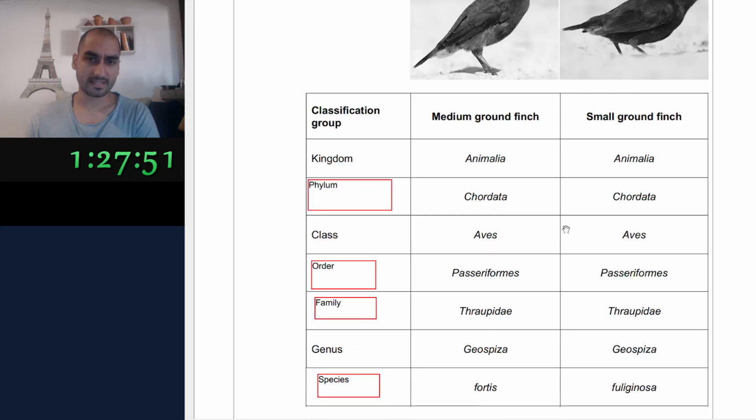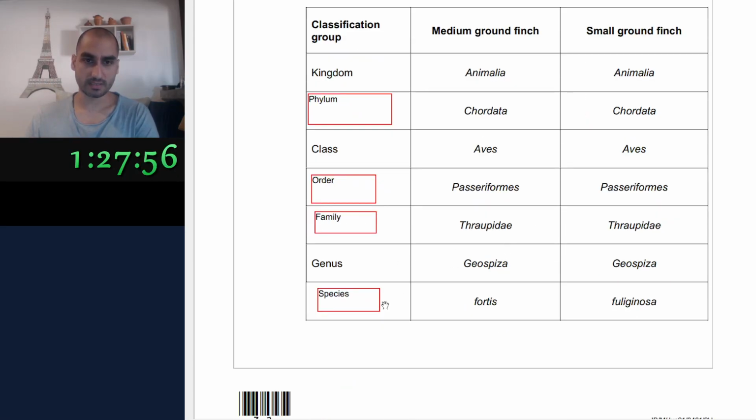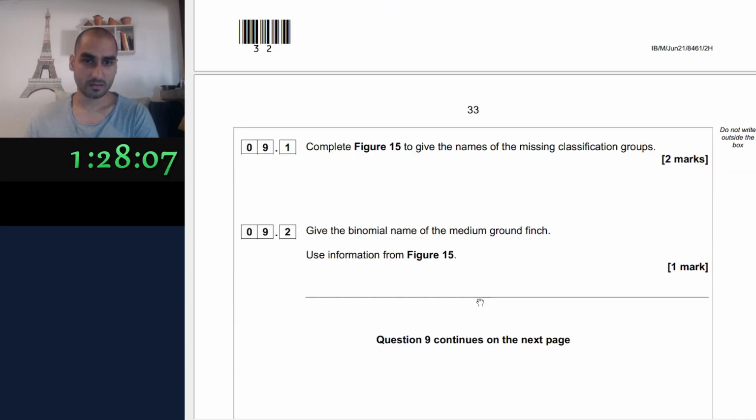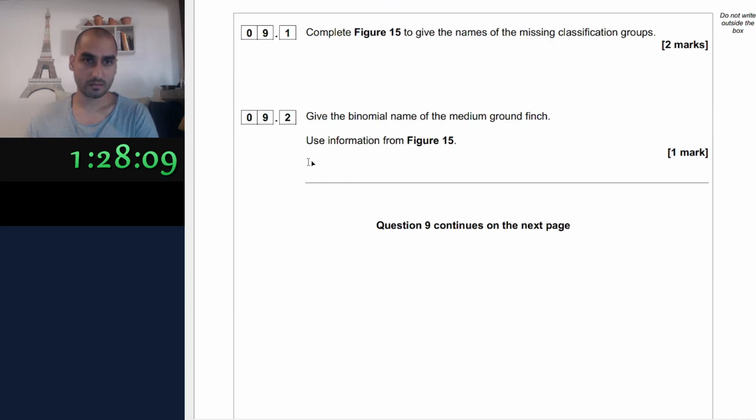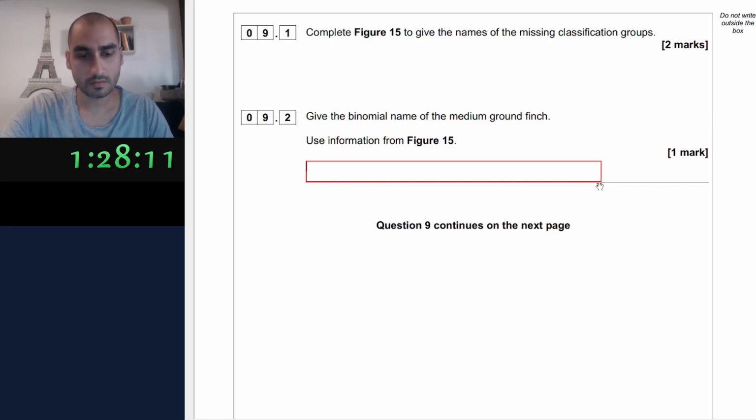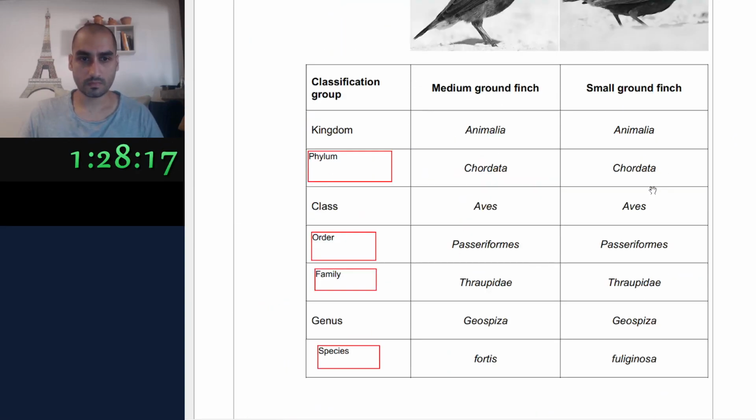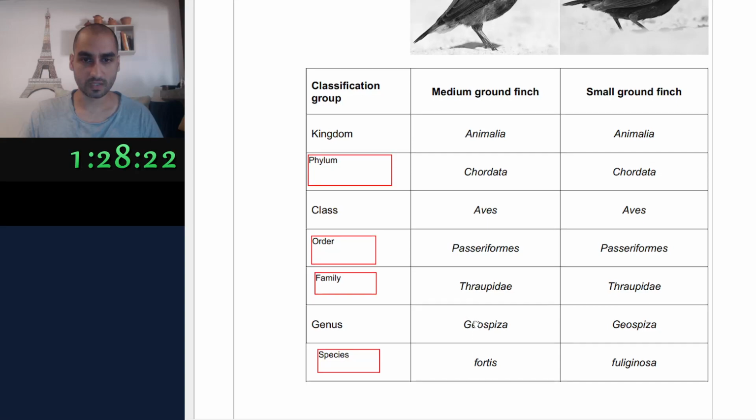Oh, is it like the Latin name where you have those two words? Is it genus and species? Geospiza fortis? Is that how it works? Maybe. I think you just take the last two, right?